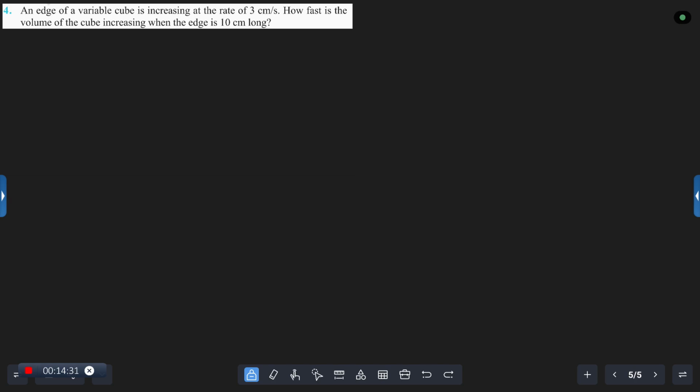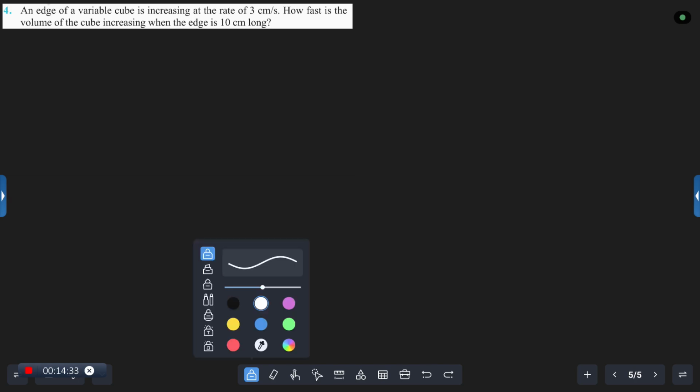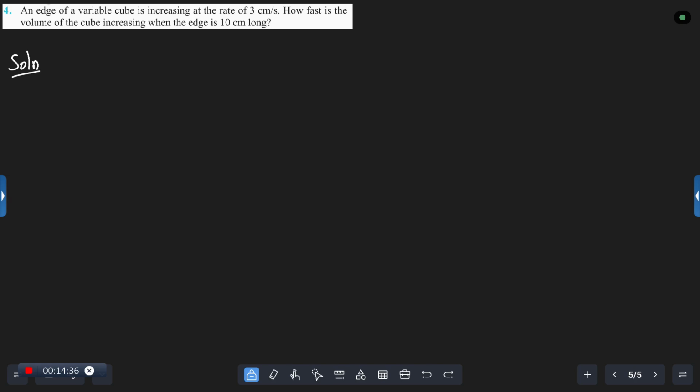Yes, that is the solution of the third one. The edge of a variable cube. Let x be the length of the side of the cube.